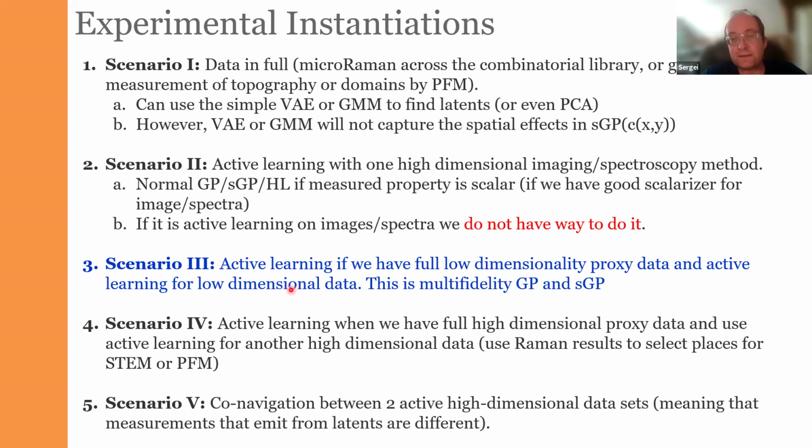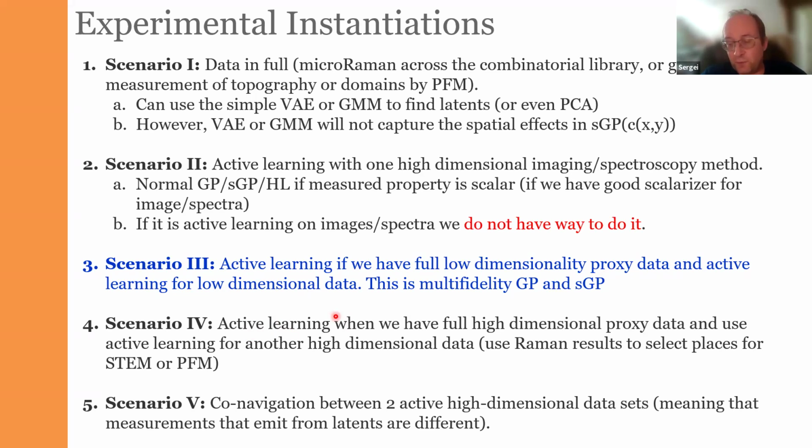This is a multi-fidelity Gaussian process or structured Gaussian process. The problem is that very often our experimental problems are much more challenging than that. So we'll need active learning when we have high-dimensional proxy data and use it for active learning of another high-dimensional data.